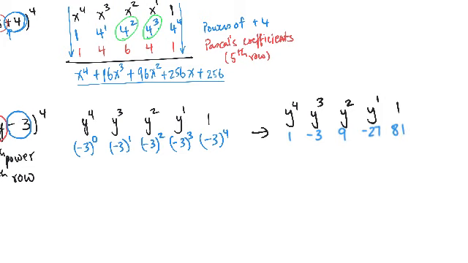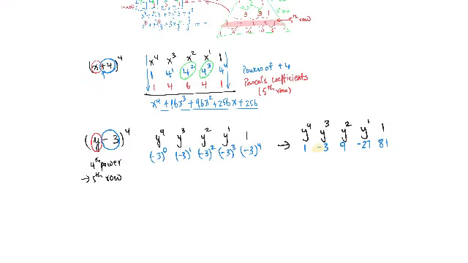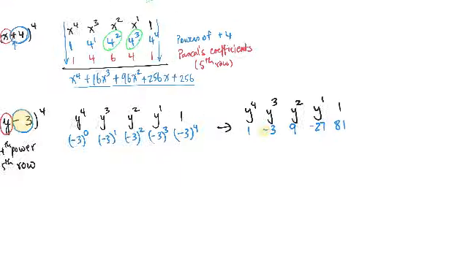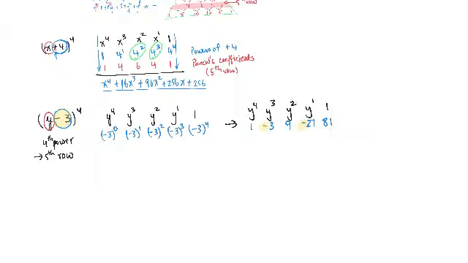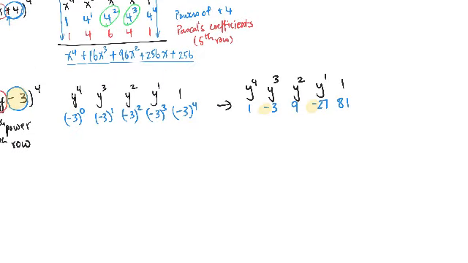So you're going to see that when the second term in the binomial was negative, your signs are going to alternate in the powers of that second term, okay? So just recognize that, and then we're going to put in our Pascal's coefficients from the 5th row, so 1, 4, 6, 4, 1. And now we have to just multiply it all out to get our answer.